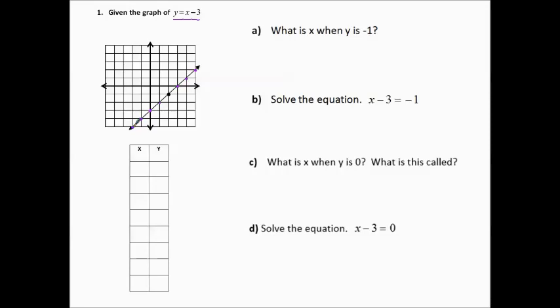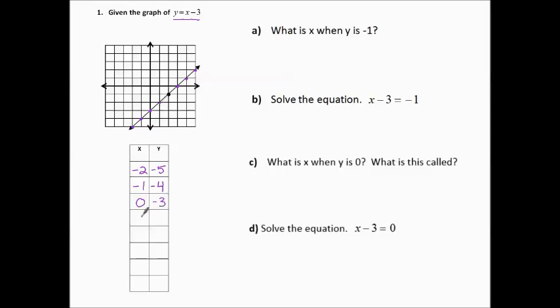So if we go from our leftmost point here, when x is negative 2, y is 1, 2, 3, 4, 5, negative 5. And we can continue to fill this in. When x is negative 1, y is 1, 2, 3, 4, negative 4. When x is 0, y is 1, 2, 3, negative 3.